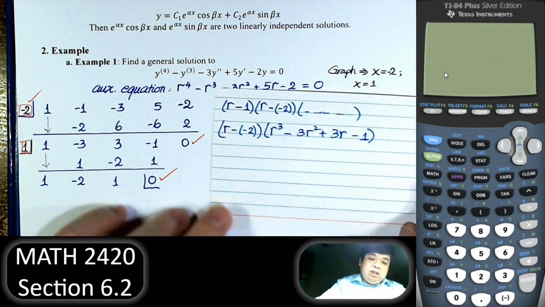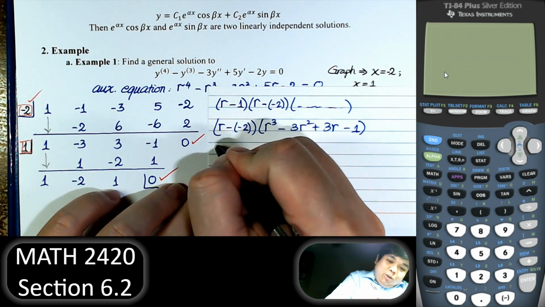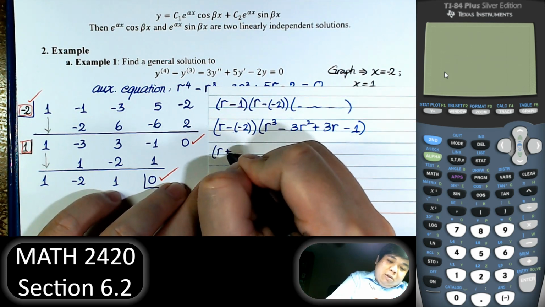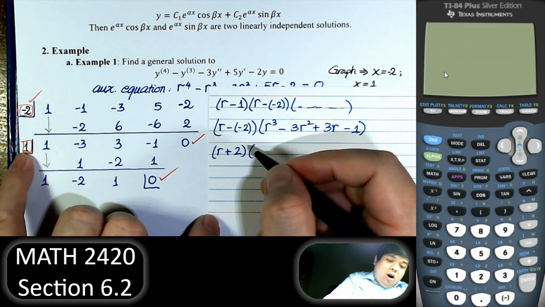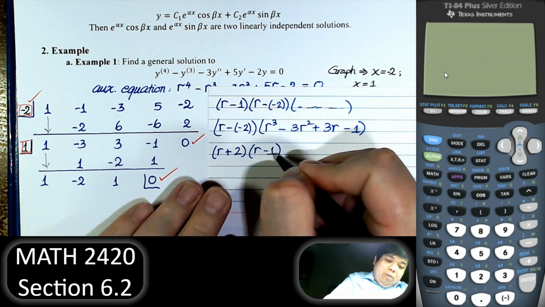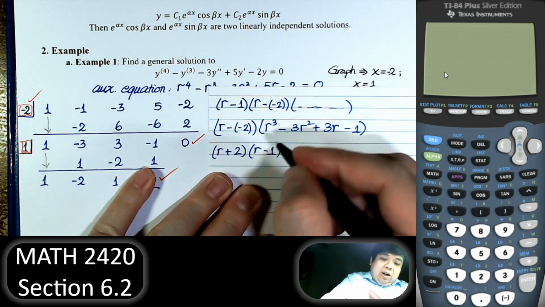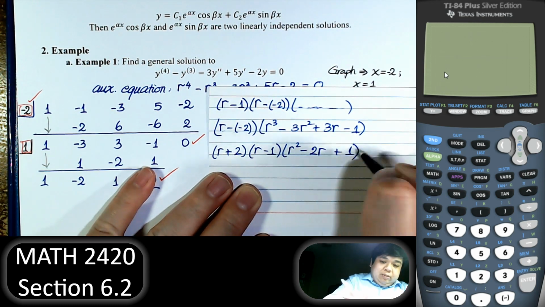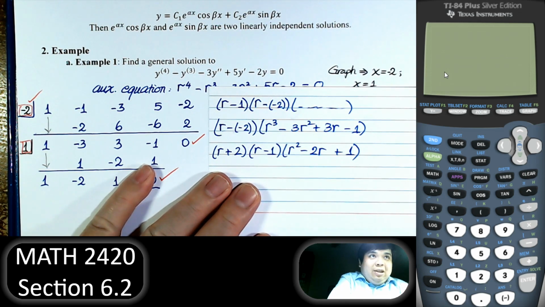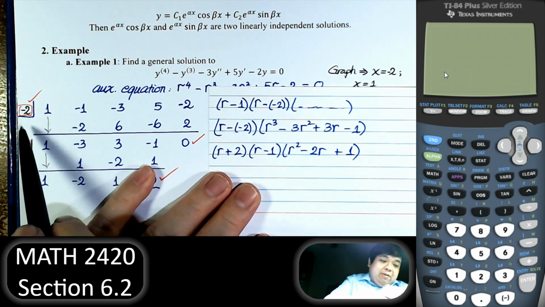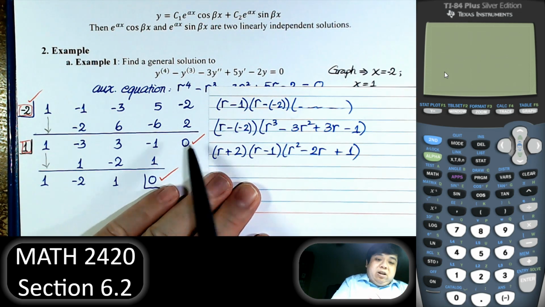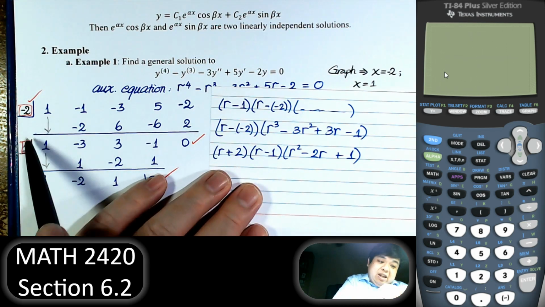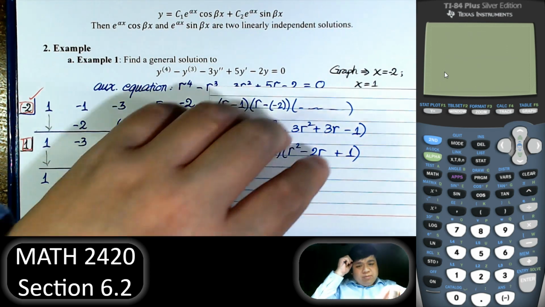So if we continue with our factors, it will be r plus 2, and then we have r minus 1. The remaining factor will be r squared minus 2r plus 1. Right? If we get a 0 remainder, then it is a factor and it is a zero.